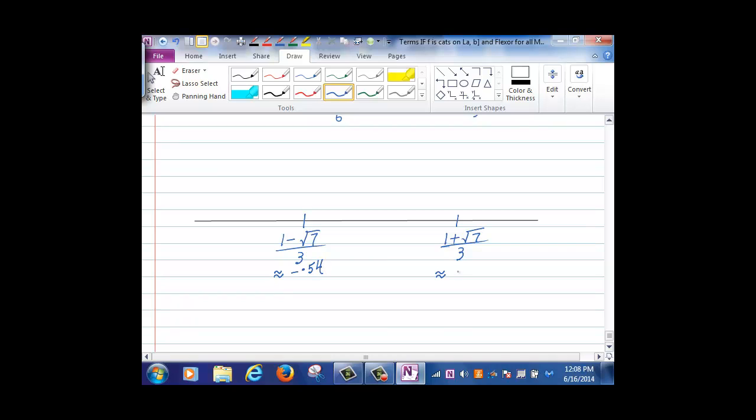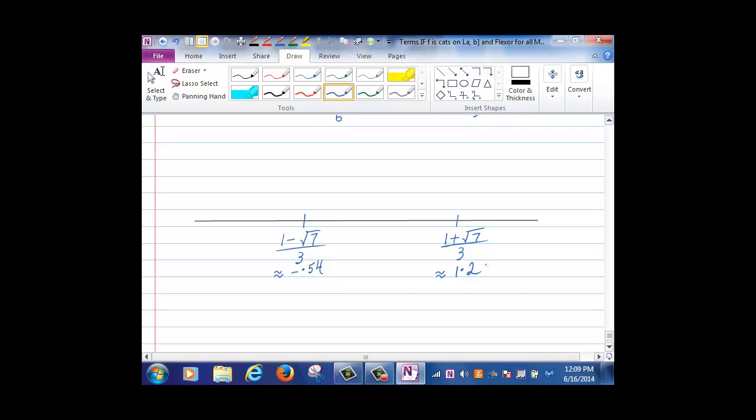And this one would be positive now. What is that? 0.122? So I'm just going to say 0.12, okay? No, 1.2. Oh, 1.2, sorry. All right. So one of them is 1.2, the other one is negative 0.54.